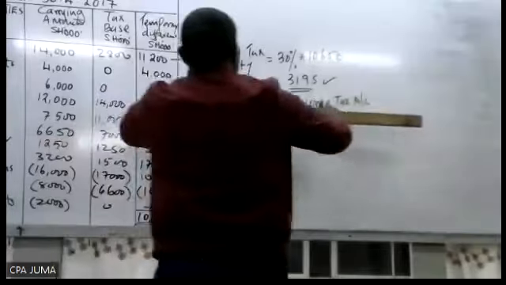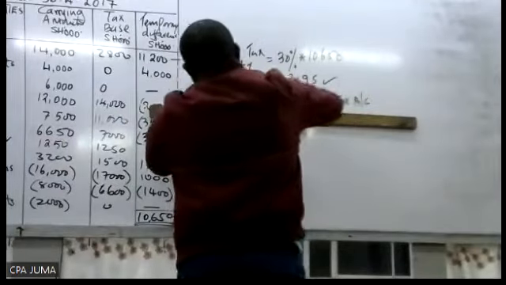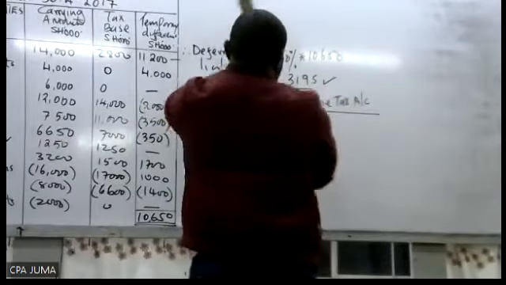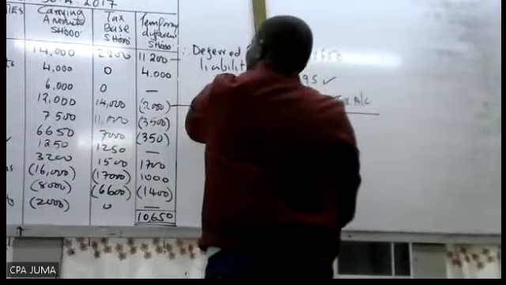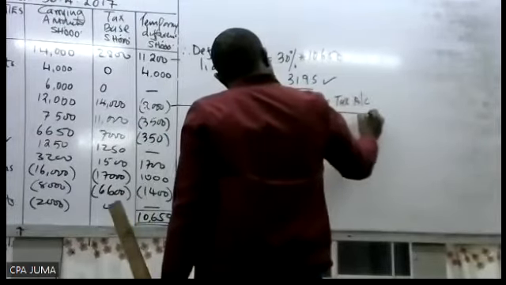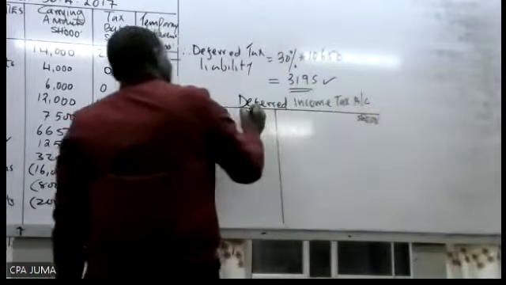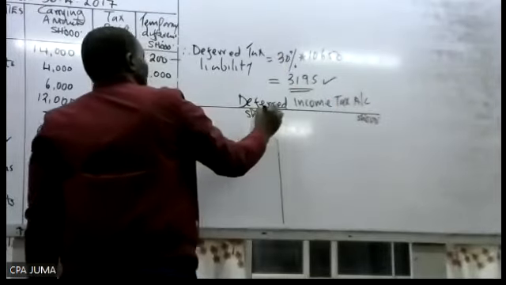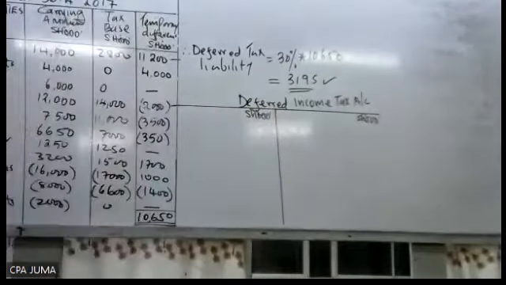So if you are told to come up with the deferred income tax account, this is what you do. So shillings are in thousands.